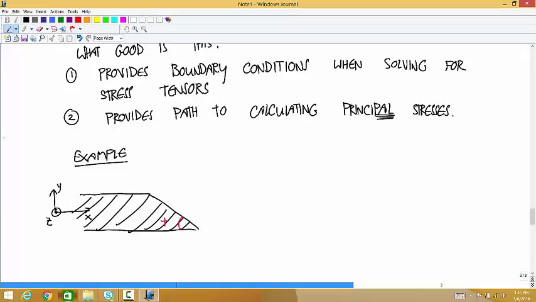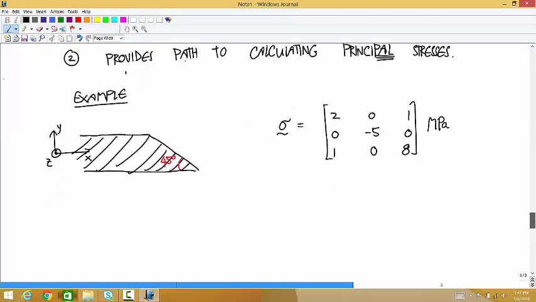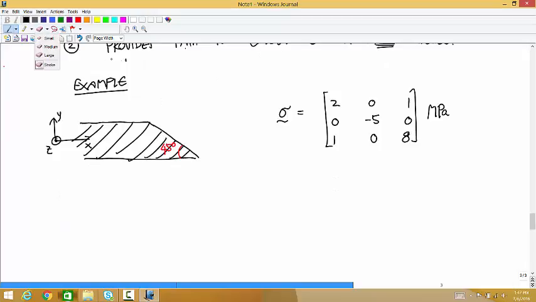And let's say that this angle is 45 degrees. And if the stress tensor is 2, 0, 1, 0, negative 5, 0, 1, 0, 8, and this is megapascals, what's the distributed load on that diagonal face?